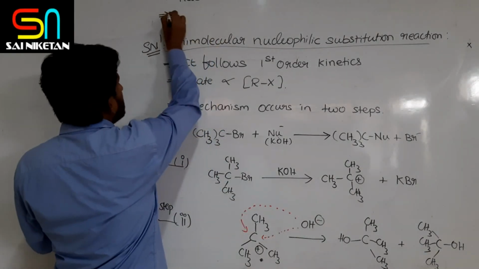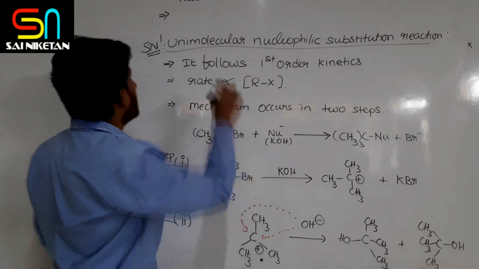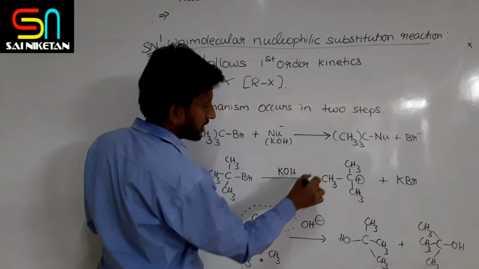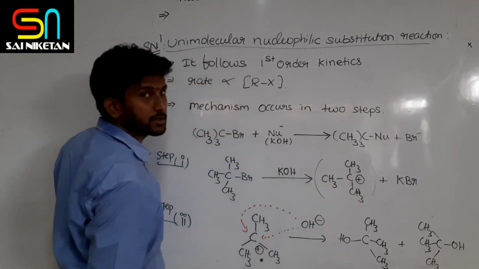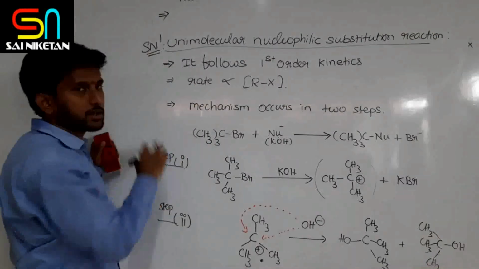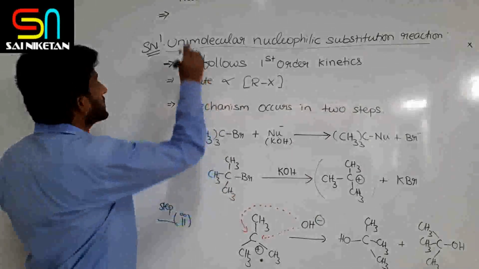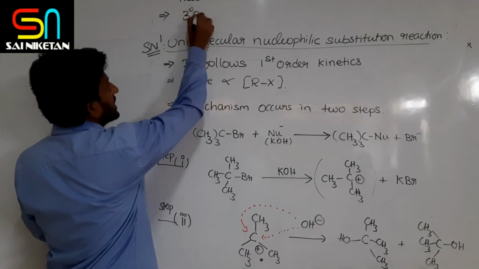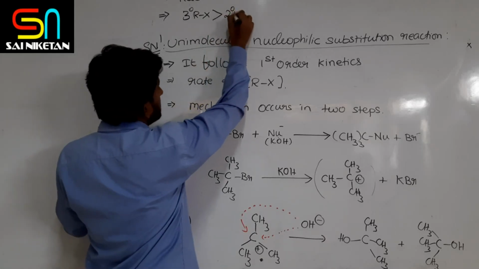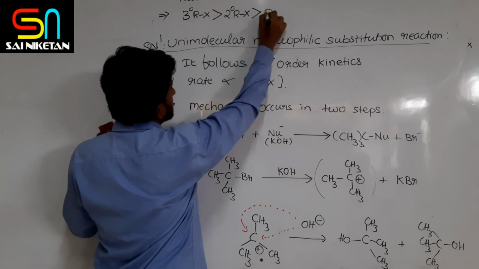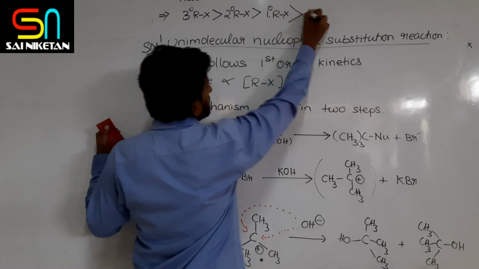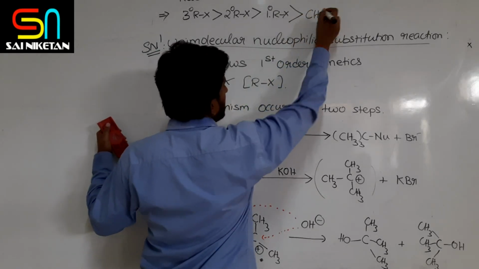And the reactivity order of alkyl halides: this mechanism proceeds via carbocation formation, right? So whichever molecule forms a stable carbocation will readily undergo the SN1 mechanism. So tertiary alkyl halides are more reactive towards SN1 than secondary alkyl halides, than primary alkyl halides, than methyl halides.